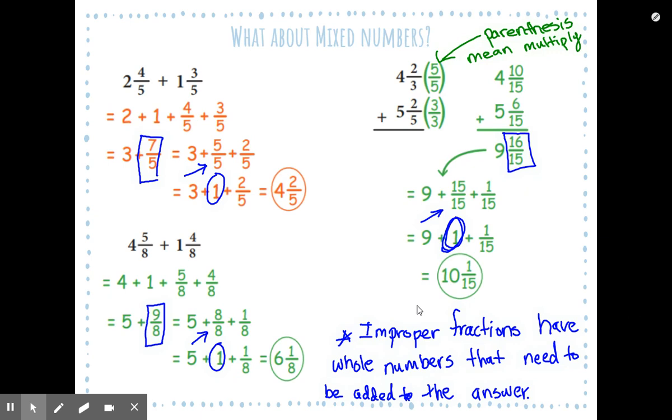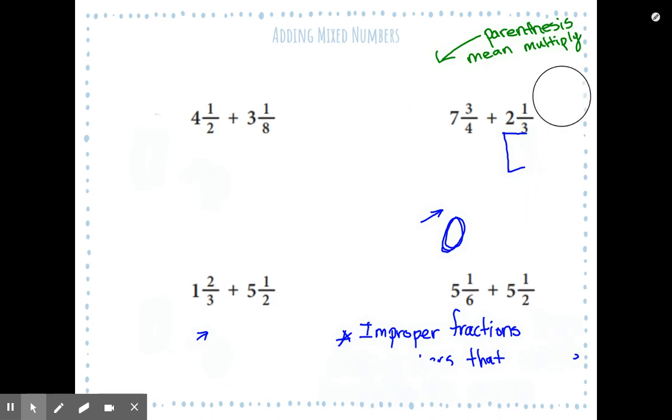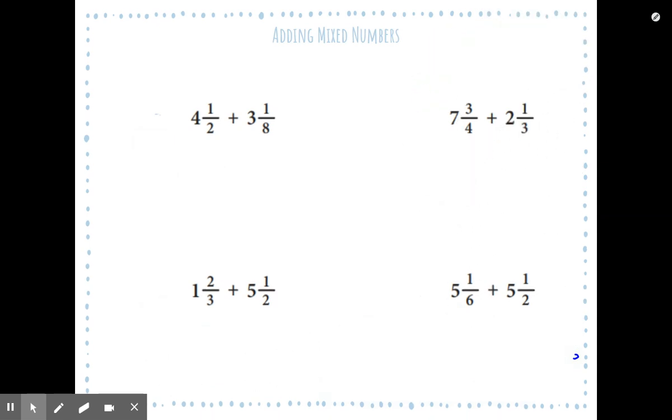Nice. Okay. So that's all I need you to write. I lied. So you have this note up here about parentheses and this one about improper fractions. And I know there's something else I wanted to say, but it fell out of my head. So we'll just move forward. Okay, because we know Mrs. Franzen, sometimes she has those problems and she thinks she knows what she's going to say and then she forgets.